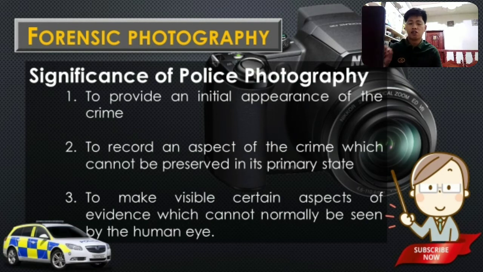For example, with documents, there are secret inks, where we need to use a specific type of light to make them visible. Or abrasion marks and tool marks, which are not readily visible, but we can see them if we look at a specific angle and use a specific type of light.